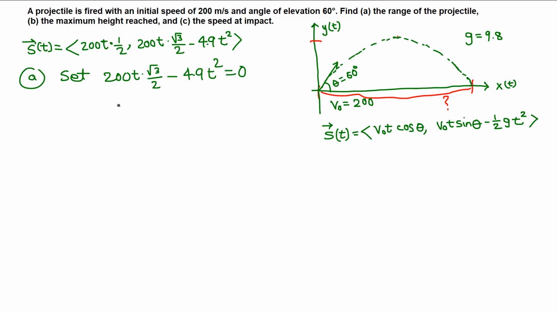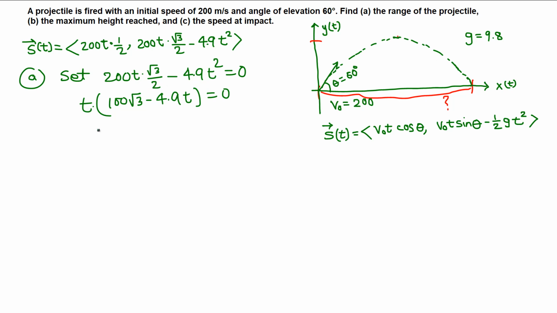From these two terms we can factor t out, so 200 √3/2 is 100 √3, minus 4.9 t, equals 0. So either t is 0 or this quantity is 0. t equals 0 means at the beginning, yes, it's on the ground, but we want the time when it is on the ground again.